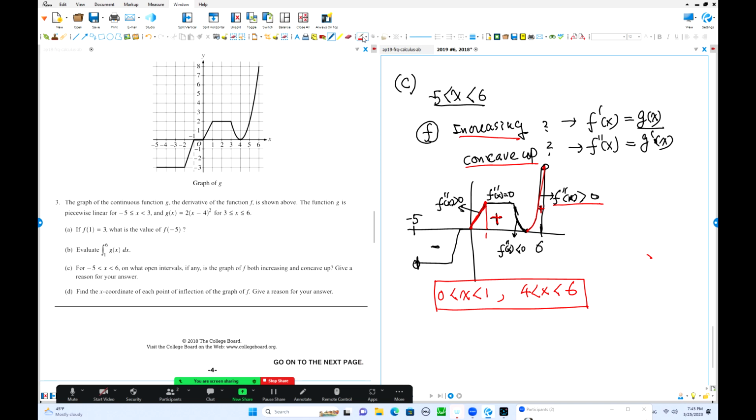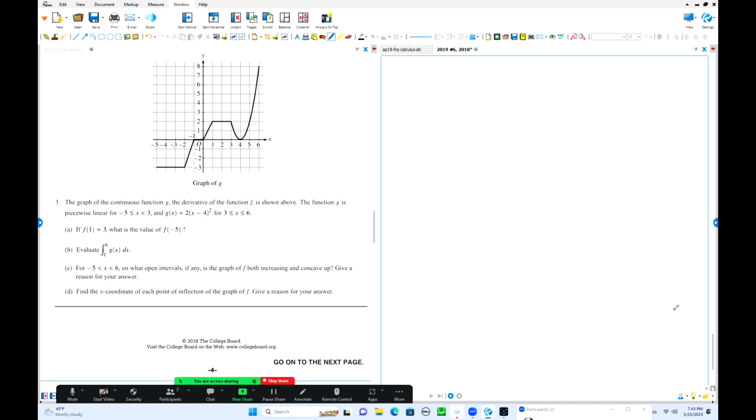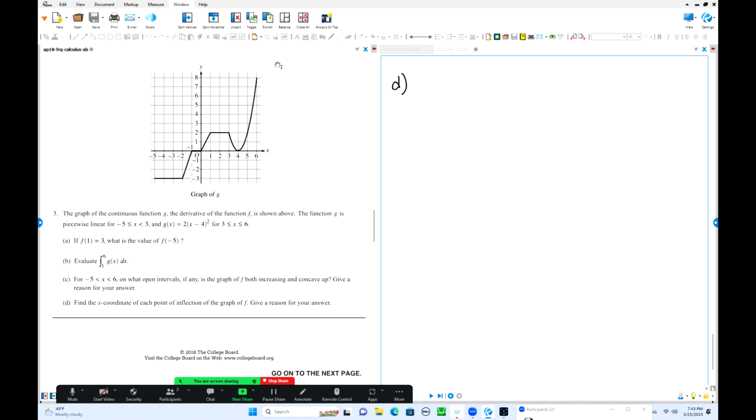Now we continue on number D. Find the x-coordinate of each point of inflection of the graph of f. This is about f prime, right? Not the graph of f.